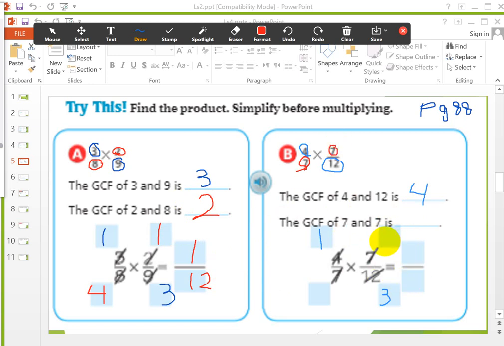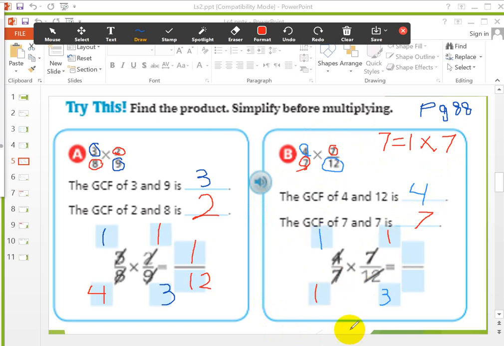No, girls, not 4 either. Can I divide 7 by 4? Very easy. This is 7. What are the multipliers for 7? The multipliers for 7 are 1 and 7. So both numbers are able to divide by 7. So let's divide. 7 divided by 7 equals 1, and 7 divided by 7 equals 1.